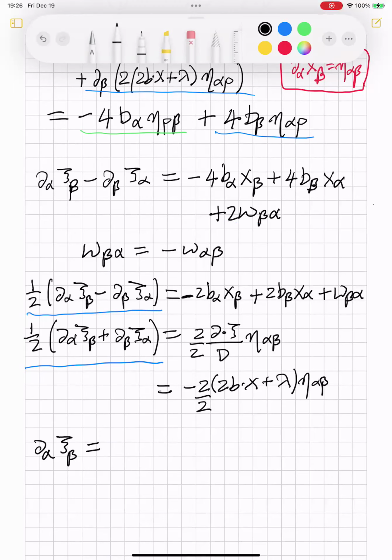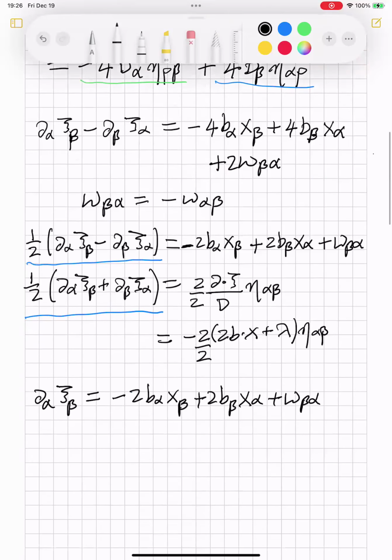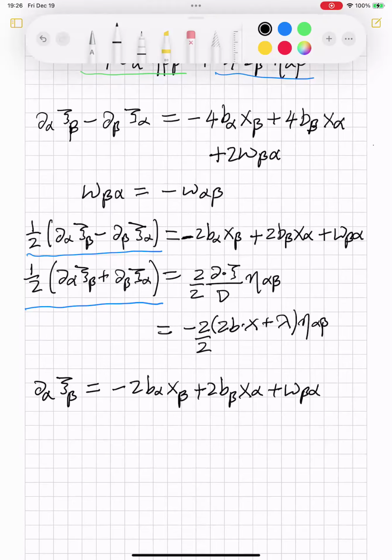So I'll have minus 2 b alpha x beta plus 2 b beta x alpha plus omega beta alpha. And then let me add up this right-hand side at the bottom here. We've got minus 2 b dot x plus lambda times eta alpha beta.